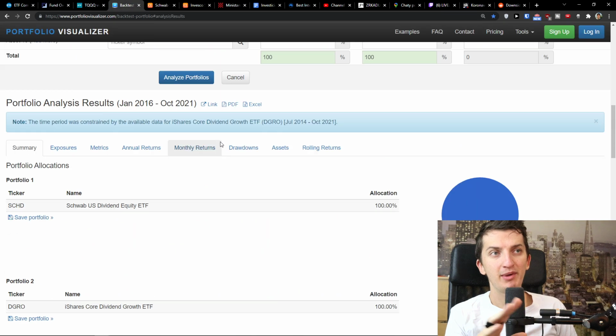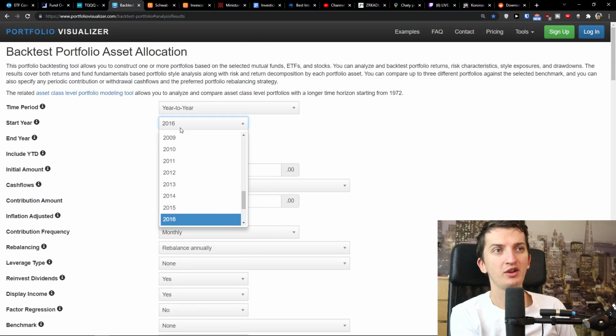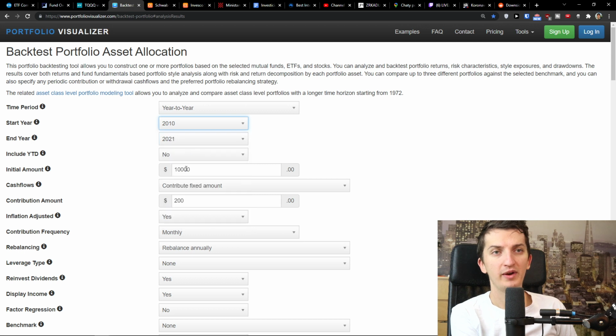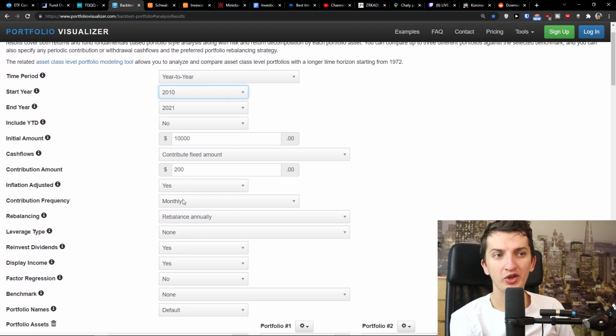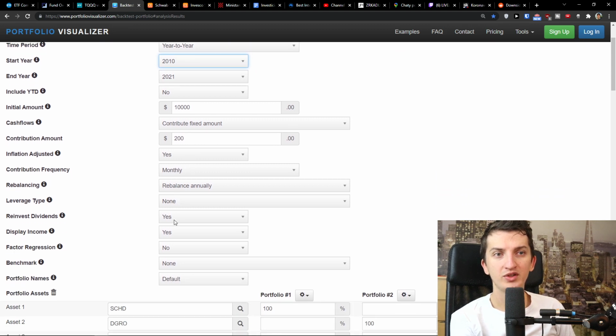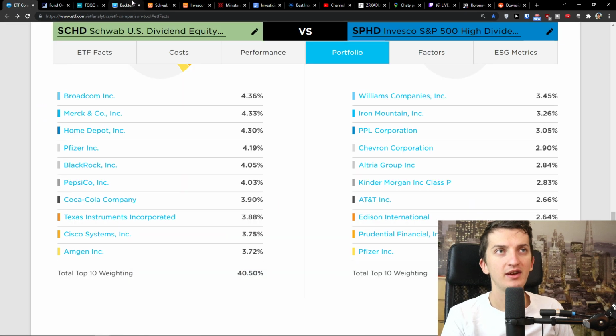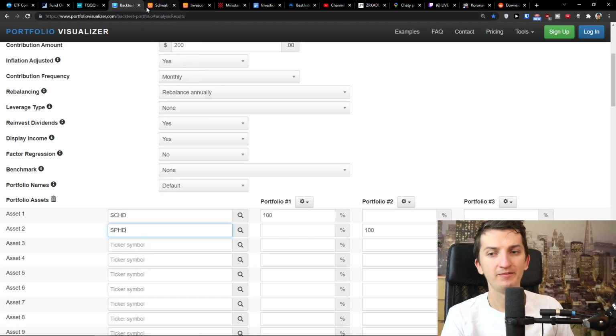And let's see the backtest here. Let's say we start investing in 2010 with an initial amount of $10,000 and a fixed monthly contribution of $200, and we reinvest the dividends into the ETF, SCHD compared to SPHD.